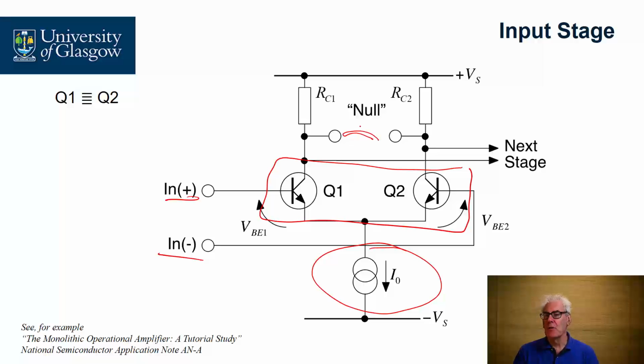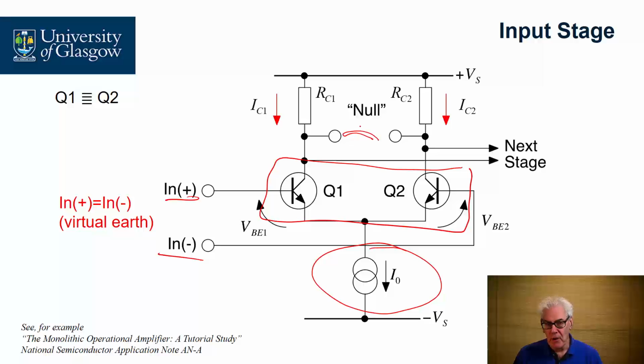I'm not talking about looking similar. For this analysis, we are going to assume that every atom, every electron in these transistors is absolutely identical. We're also going to assume that the voltage appearing on the non-inverting or plus input and the voltage appearing on the inverting input or the minus input are identical, and they meet the requirements for virtual earth.